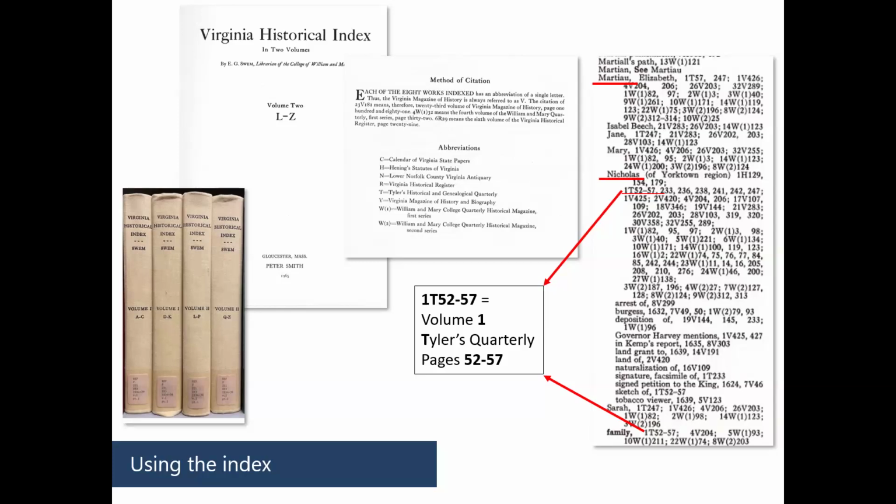So this would be for Nicholas or for this particular family, again covering that same set of pages. Once you've got that information, you can then go look to see if it's on JSTOR, if it's been digitized through some other institution you have access to, or if you can find the original published journals themselves at your library.